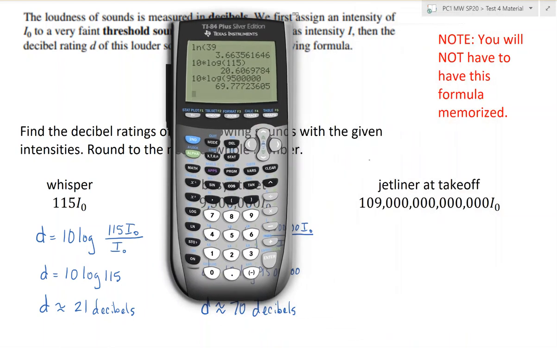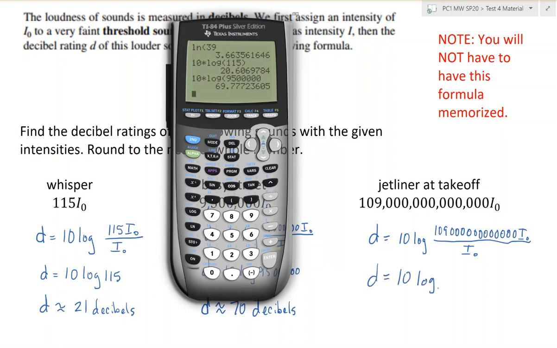And our last one is a jetliner at takeoff, and that is a large number. We're talking thousands, millions, billions, trillions, so it's 109 trillion times the threshold sound. So our decibel rating will be 10 times the log of 109 trillion times the intensity of the threshold sound divided by the intensity of the threshold sound.